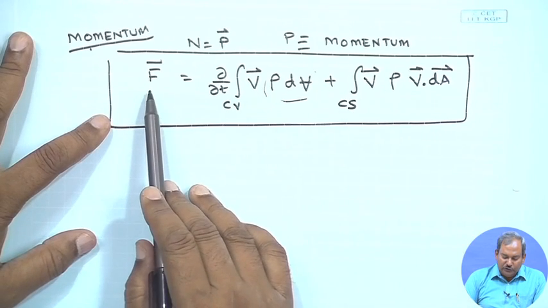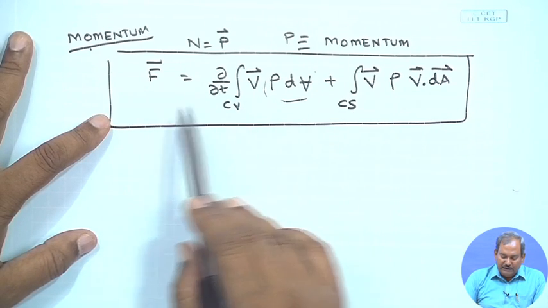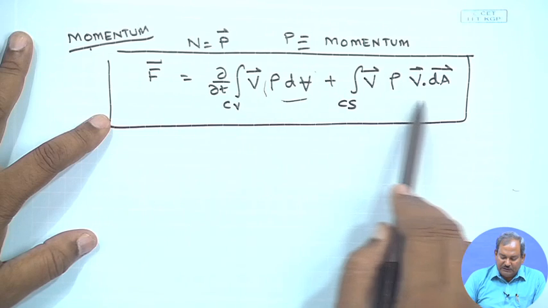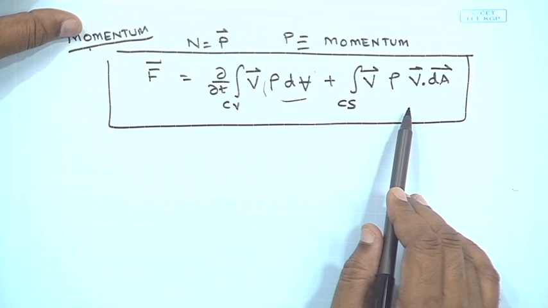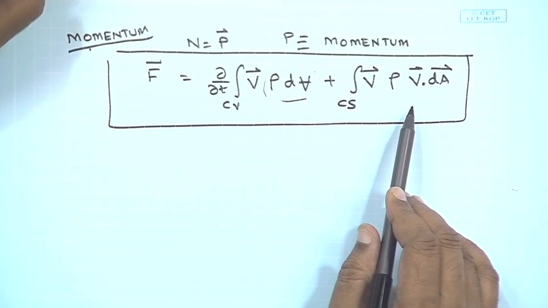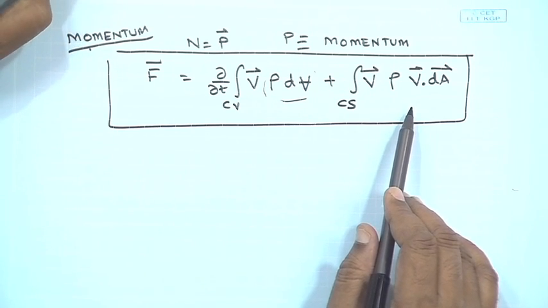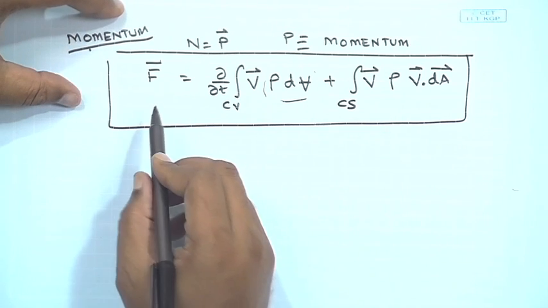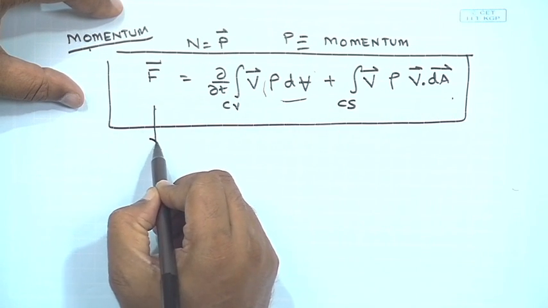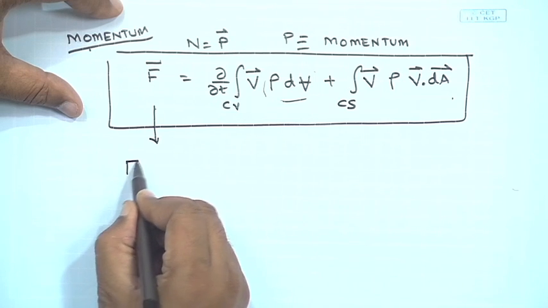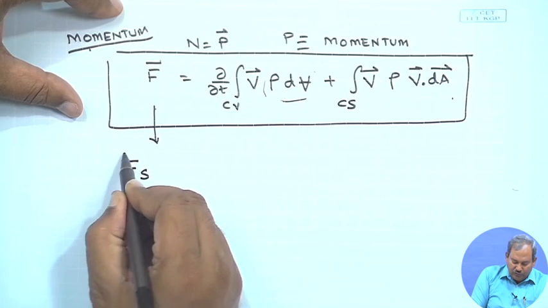So, the force on the control volume can be expressed in this form, starting with the macroscopic balance equation which we have already provided before. This gives us a neat handle on the momentum equation, which we would use for the case of boundary layers.